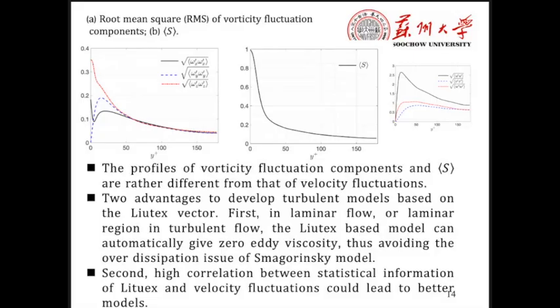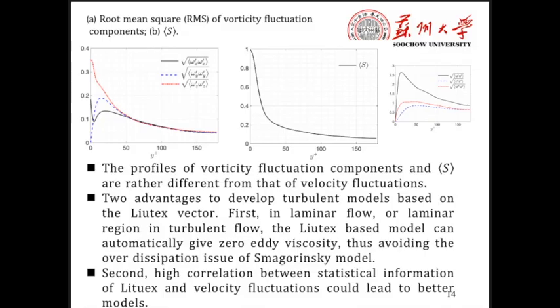So from these several pictures we can see two advantages to developing subgrid models based on the vorticity vector. First, in the laminar flow or laminar region of the turbulent flow, the vorticity-based model can automatically give zero eddy viscosity, thus avoiding the over-dissipation issue of the Smagorinsky model.